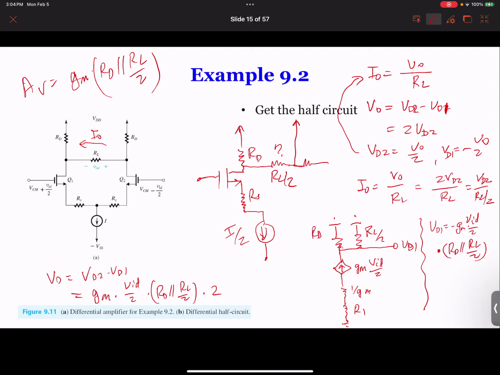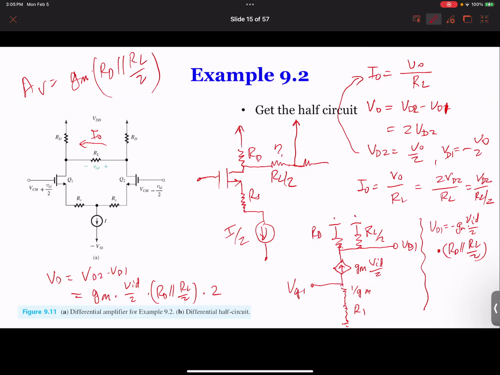And of course, when we did this calculation, we are not considering that the RS is going to play a part here. So basically what we did was, it's like this VGS is here.